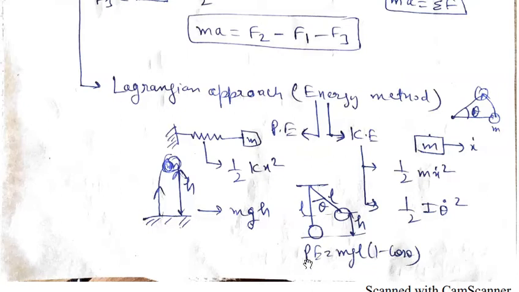I will tell you how it comes. So these are the different types of potential energies stored in different bodies depending on the elements. For the spring we have half kx square, and for a certain height it is mgh, like mgl into 1 minus cos theta. That is all about the potential energy.